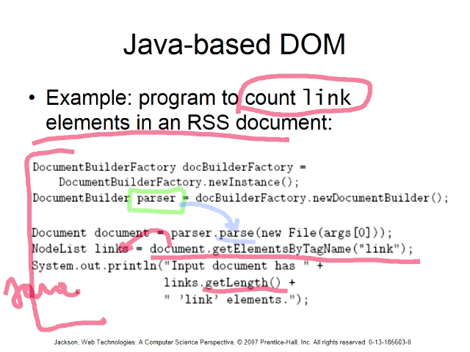Here we will create a parser like this. This is our parser, and in this parser we will invoke the method parse. Here we will give the name of this file, and after that we will count the number of links.